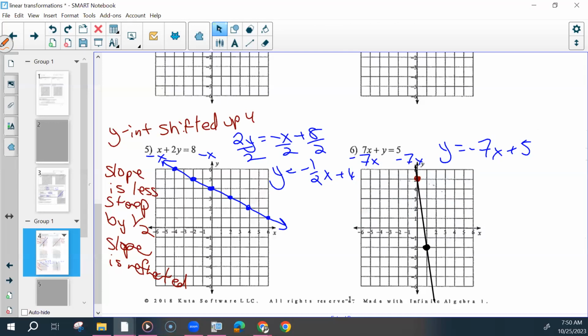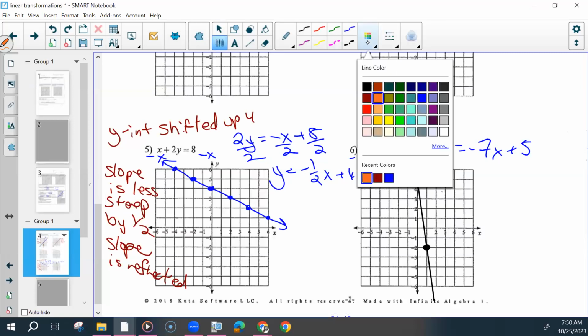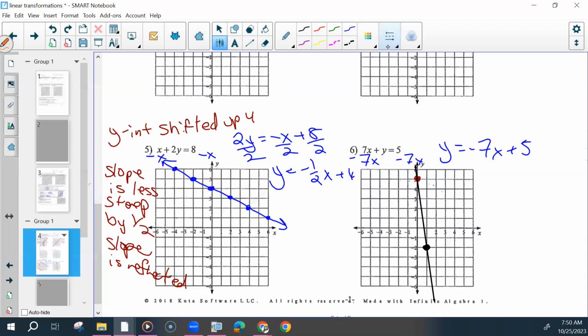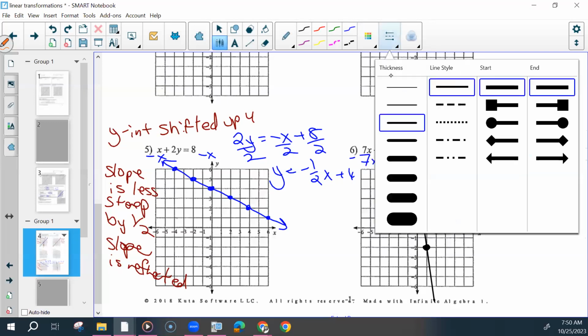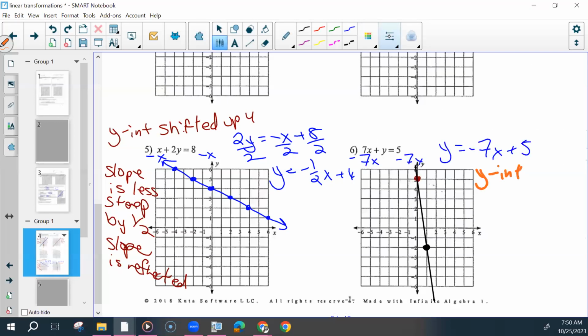And then what changed? Intercept shifted up how much? 5. Anything else? Slope was reflected because it's negative.